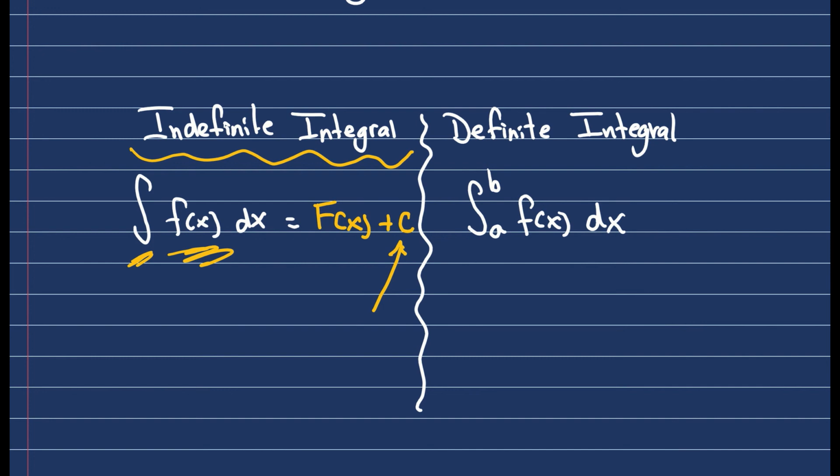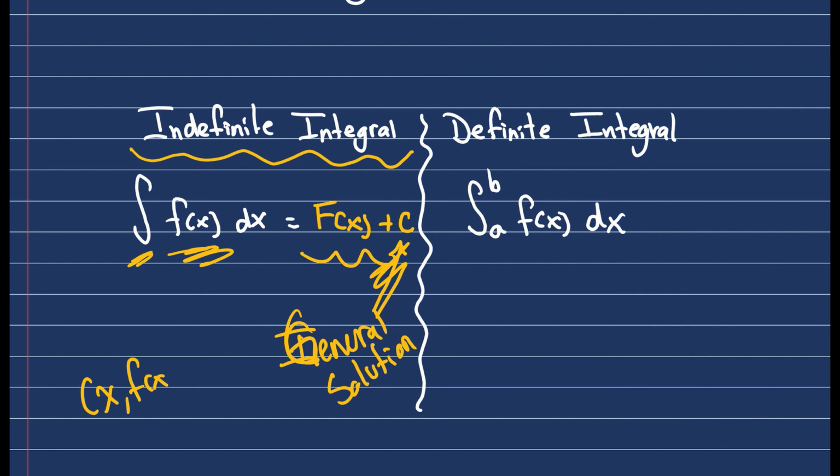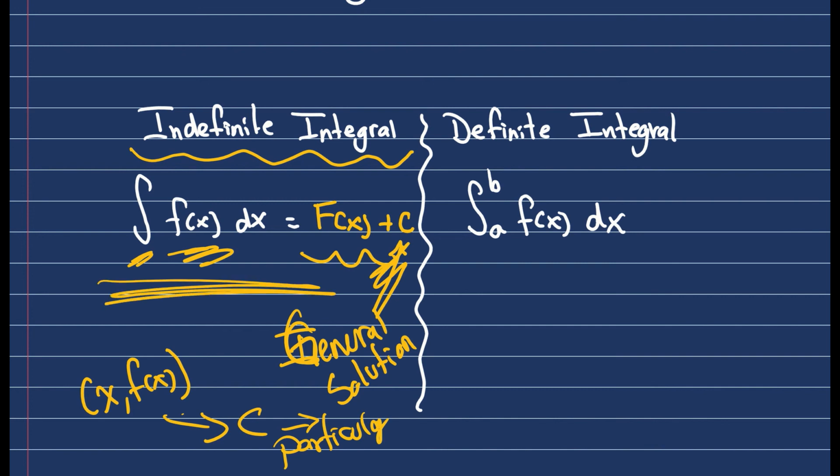This is the general form, the general solution. Once you substitute an initial condition into f of x, then you get the value of c. Then you get the particular solution. But what does an indefinite integral give you? Nothing but a family of functions.